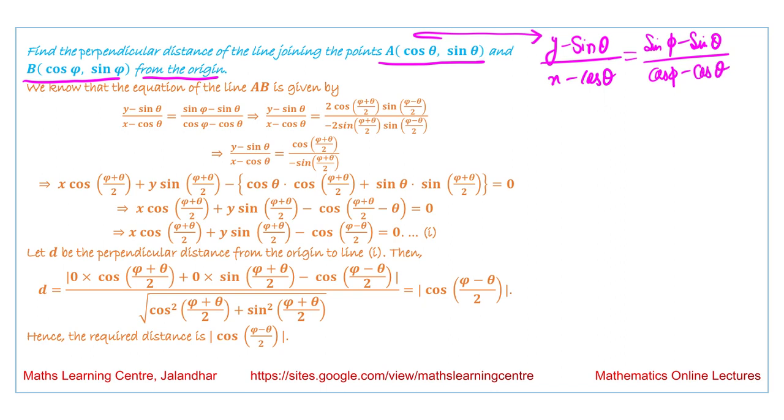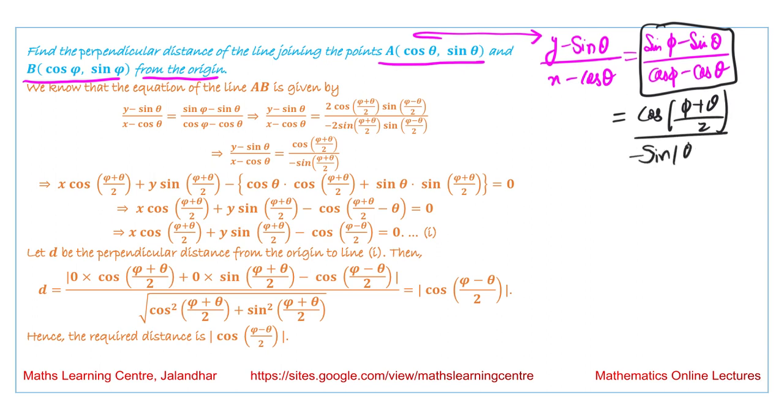If we simplify or rearrange these terms, this is equal to cos of (phi plus theta) by 2 divided by minus sine of (phi plus theta) by 2.